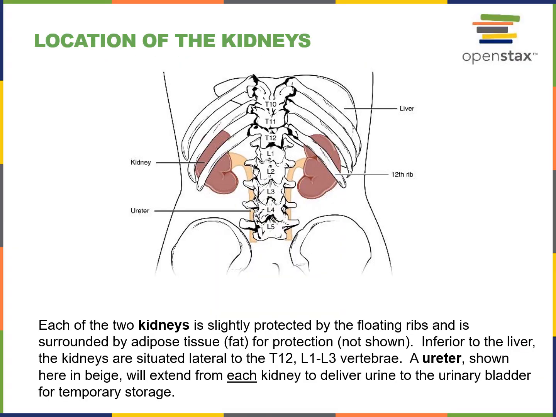So the first 6 slides will focus on the big picture, what we call gross anatomy, and then we will have to focus on the physiology of urine production.